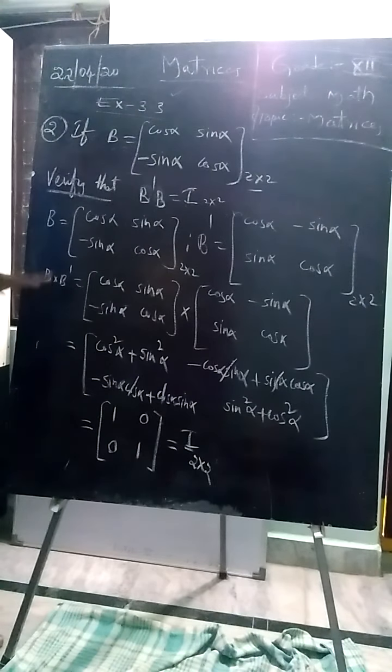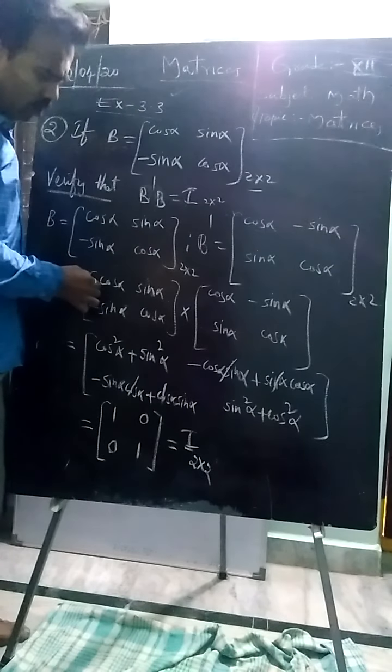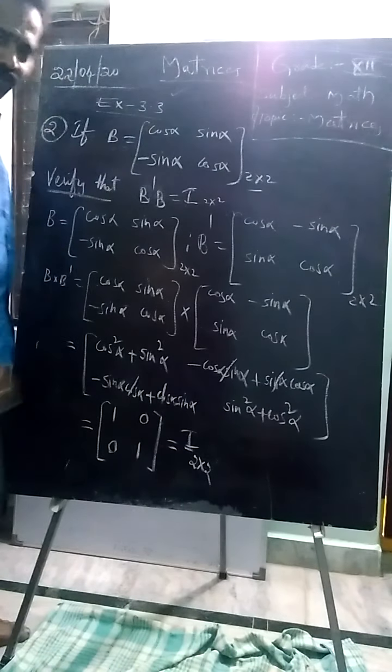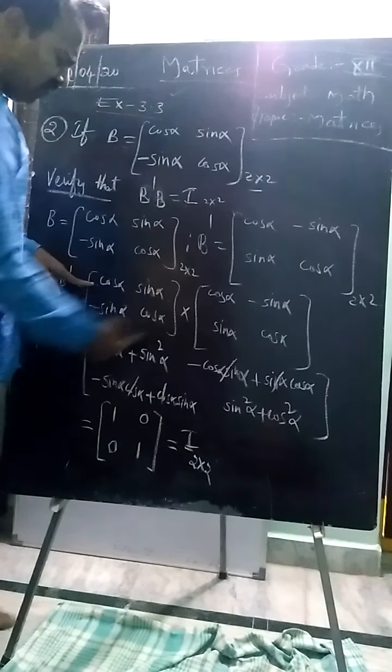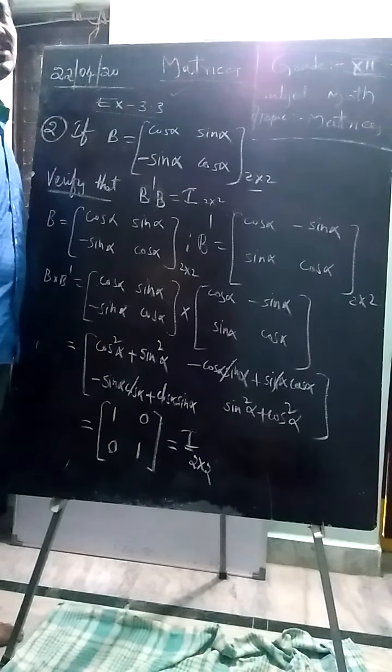Let us check the product of B and its transpose. When we multiply two matrices, we take row into column and sum. So cos alpha into cos alpha is cos square alpha. We discussed this in trigonometric functions last year.